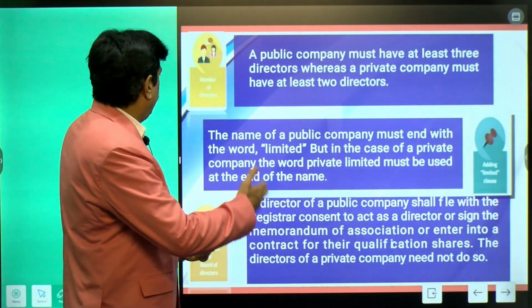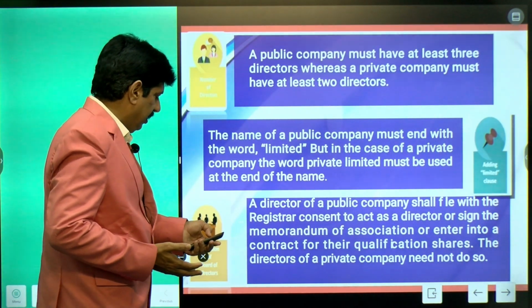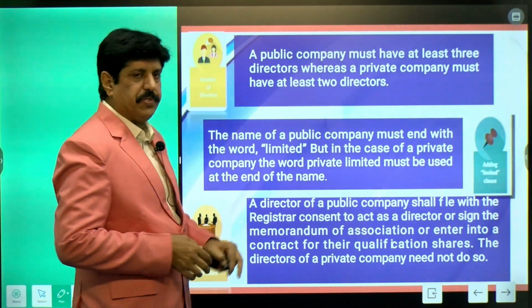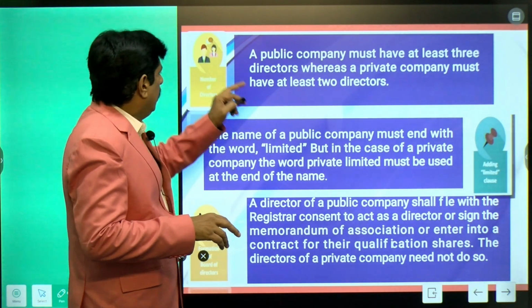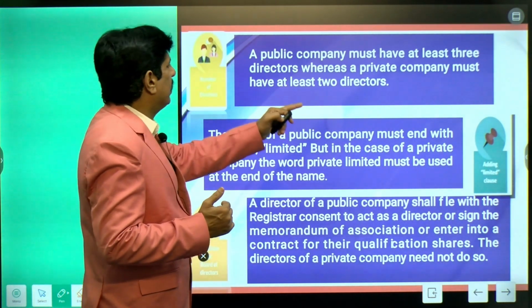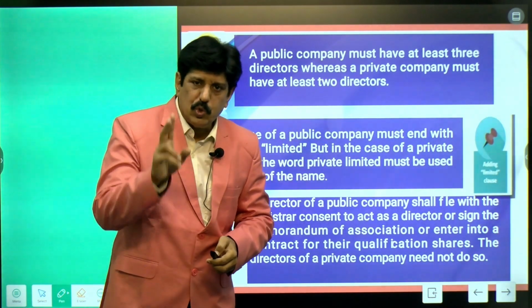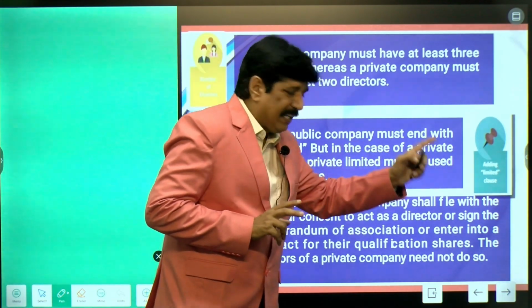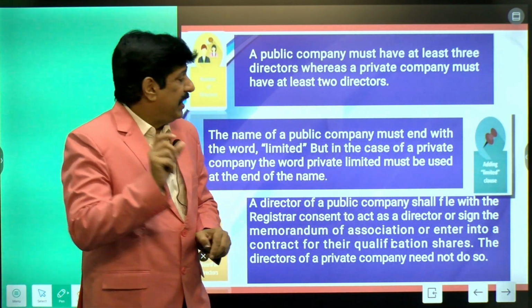So we have seen so far there are different aspects. Now the number of directors. A public company must have at least 3 directors. When it comes to the private company, it must have at least only 2 directors. Coming to another aspect, the name, limited clause.